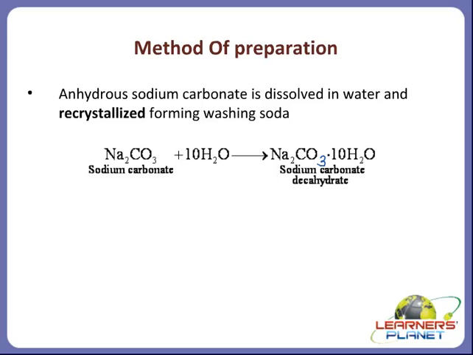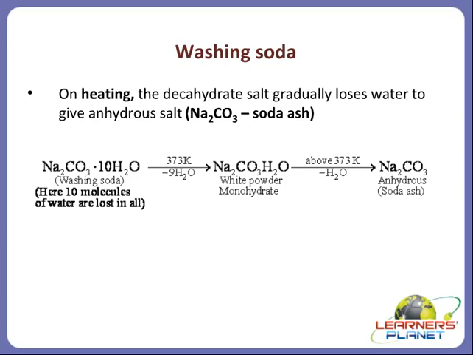Right? Now let's see its properties. On heating, the decahydrate salt gradually loses water to give anhydrous sodium carbonate, which is called soda ash. Now this is washing soda. Here there are 10 molecules of water.